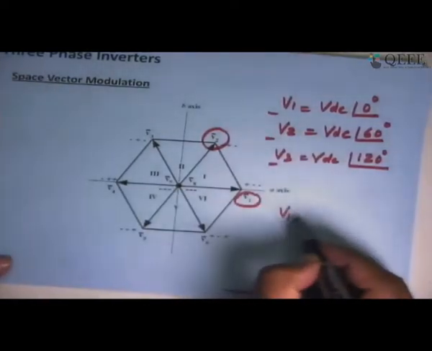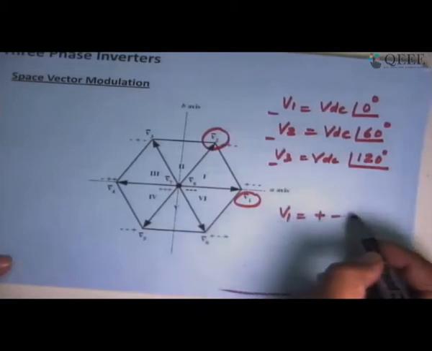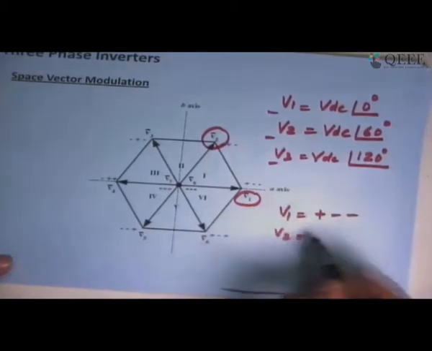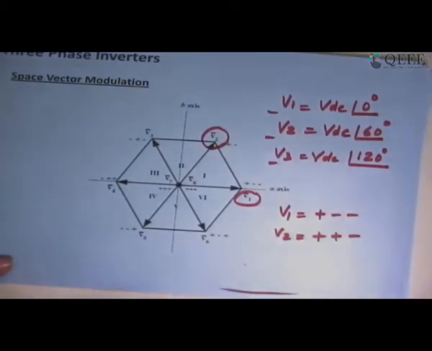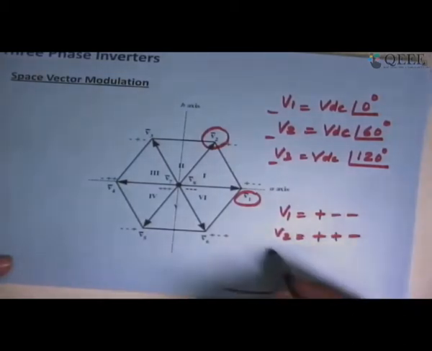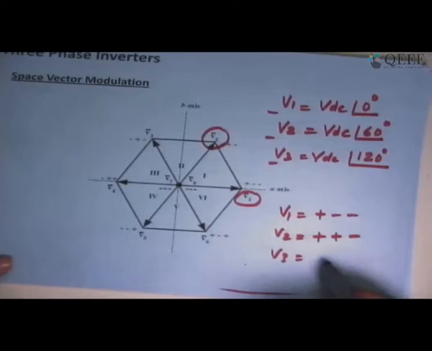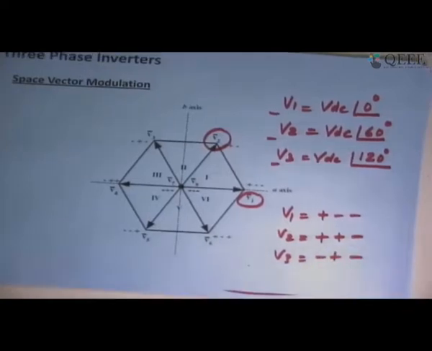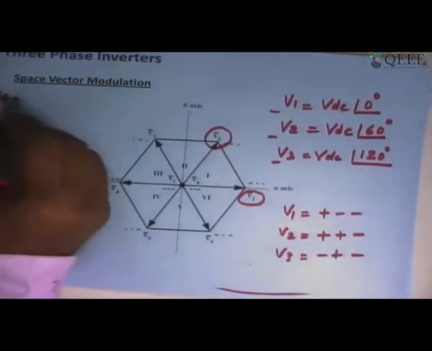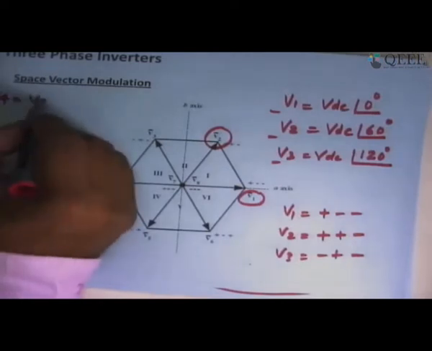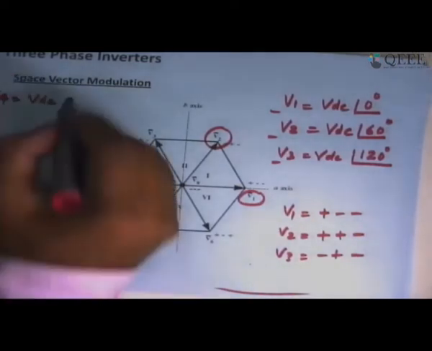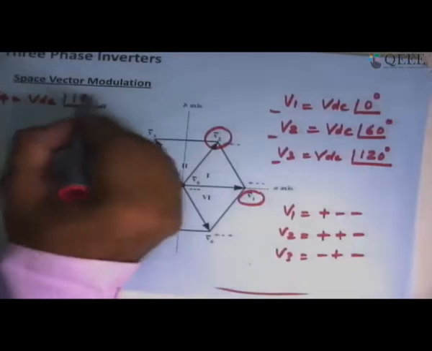So what is V1? V1 is plus minus minus. V2 is plus plus minus. V3 is minus plus minus. Similarly, V4 is VDC angle 180 degrees.